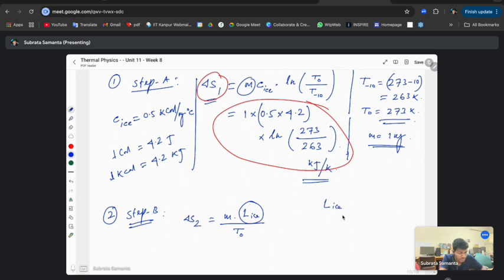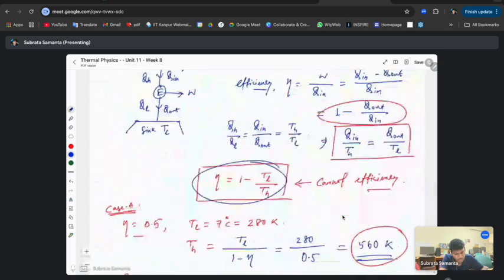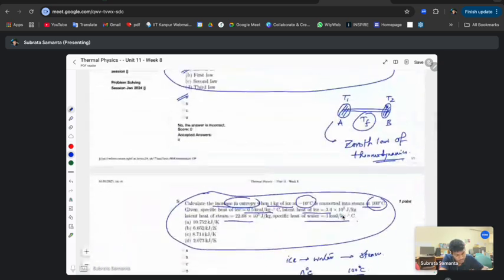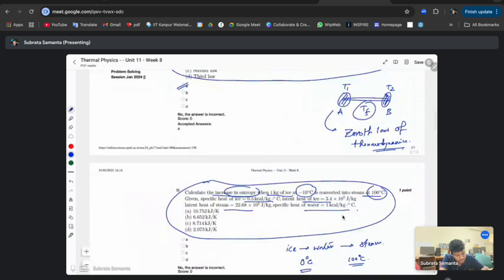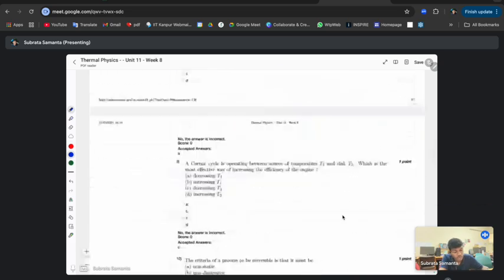Li is the latent heat of ice at 0 degree centigrade, and that is given in the problem. The latent heat of ice is 3.4 times 10 to the power 5 joule per kg, so I converted it to kilojoule.